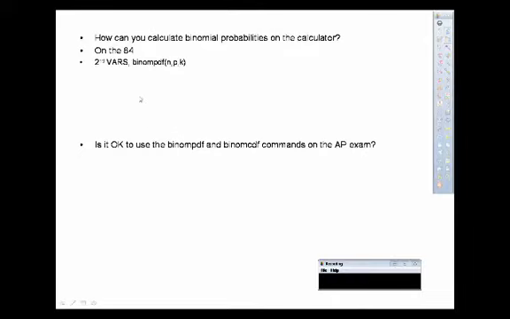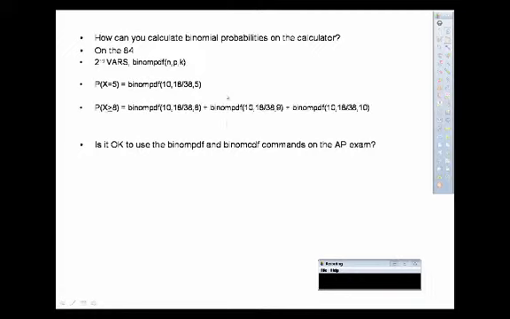So we would put in 10, probability 18 over 38, and 5 is what we want. Put that in and you're going to get the right answer. If you want at least 8, you can use binomial PDF and add those together. Much easier than the formula.